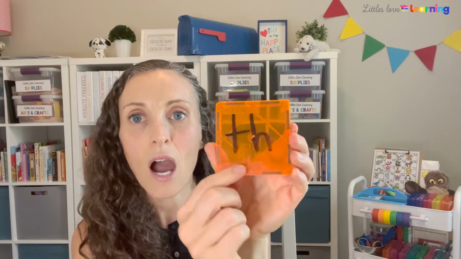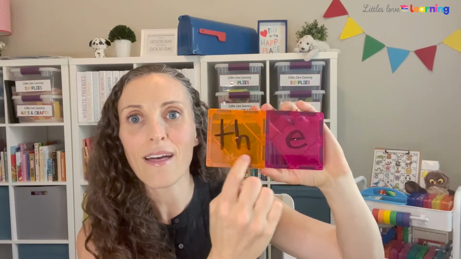So if I was having my little one practice the word the, I would want to make sure that they, or I, depending on who was doing the writing, wrote the TH on one Magna-Tile and then the E on a separate Magna-Tile, and then they can go together to make the.